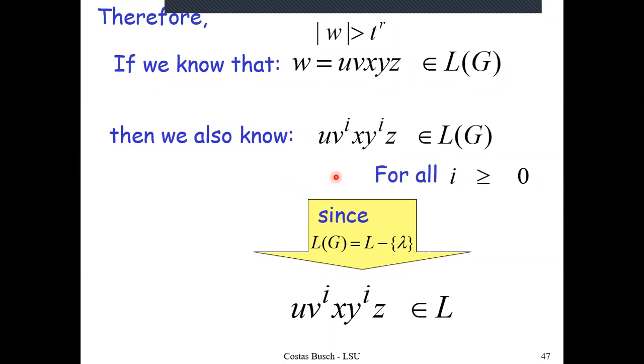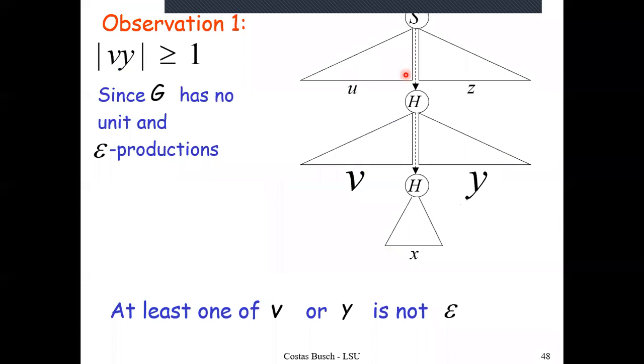There is some condition on V and Y, and there is some condition on the substring V X Y whenever I'm going to divide my string into five substrings. The first observation is that V and Y cannot both be empty. One of them can be empty, but both of them cannot be empty. I'll tell you the reason.